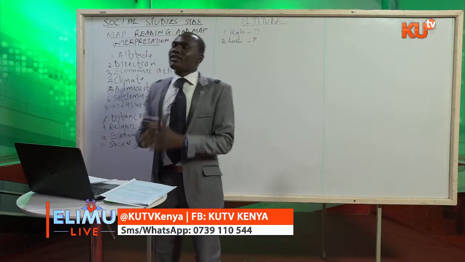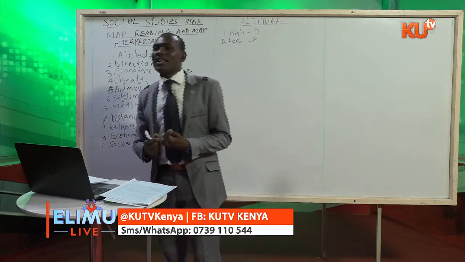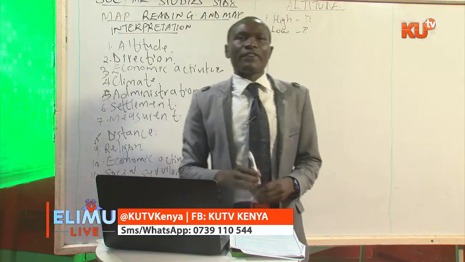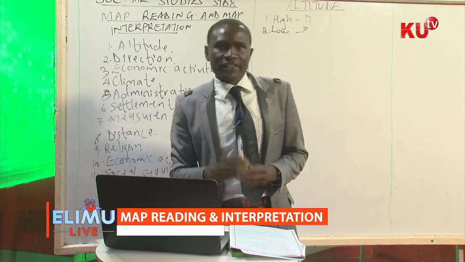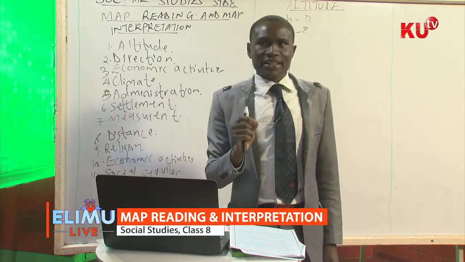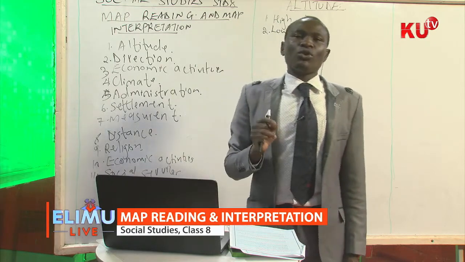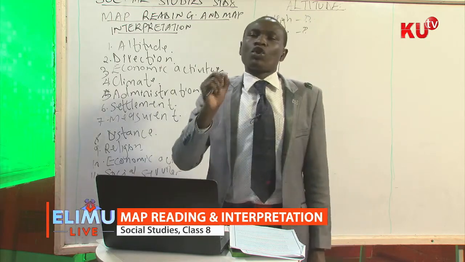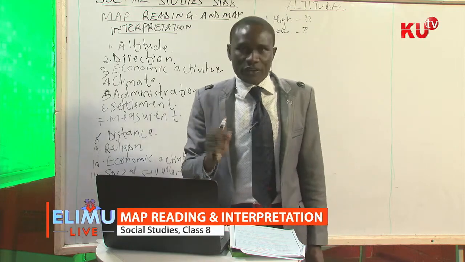For you to know that this is an area of high altitude, one, you look at areas such as the source of a river, where the river is coming from. Number two, the forest. Number three, you look at trigonometrical stations such as hills and mountains. You also look at crops that grow in highland areas such as tea and coffee.